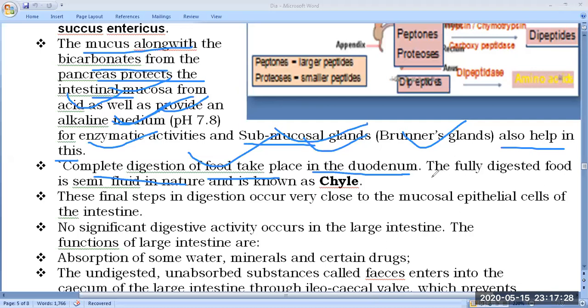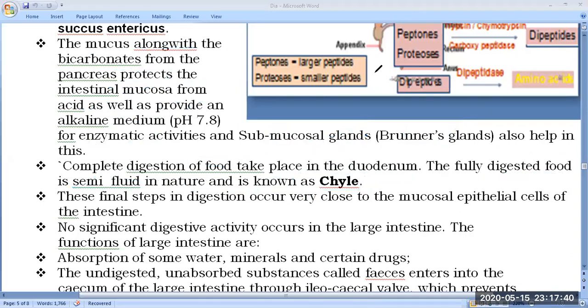One term is very important: the fully digested food is semi-fluid in nature, and this is known as the chyle. We already studied that in the stomach there is the chyme, but here it is called the chyle. After complete digestion, the food forms a semi-fluid structure, and this is known as the chyle.